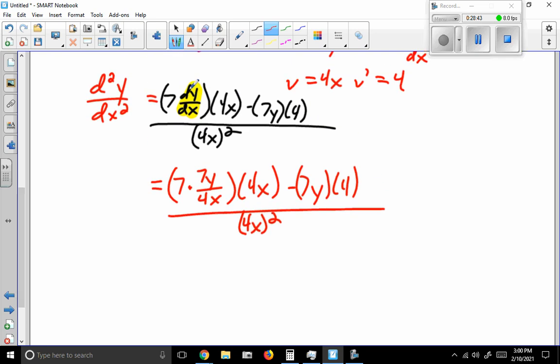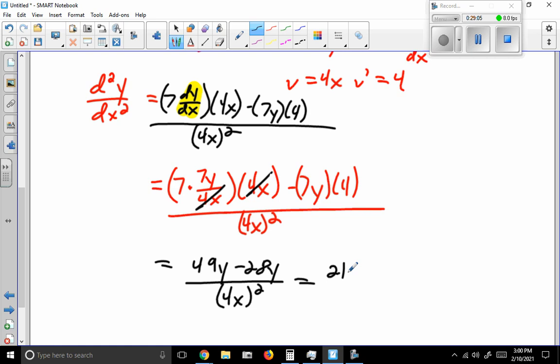So dy over dx changed to what we got for dy over dx. So this 4x on bottom, that one will cancel. That gives us 49y. 7 times 4, that's going to be a minus 28y over 4x squared. The top's like terms, so we can subtract that, get 21y over 4x all squared.